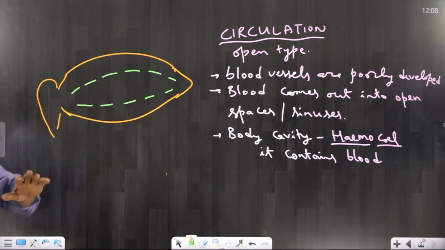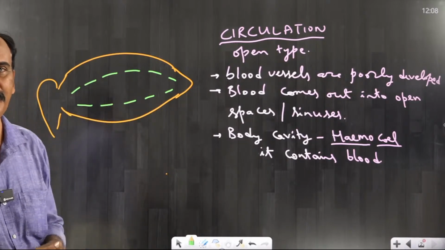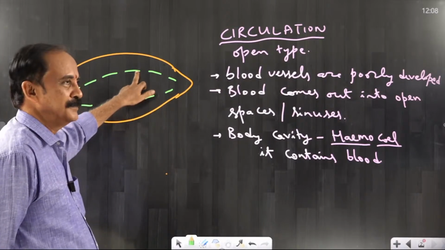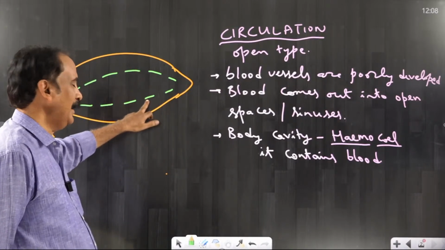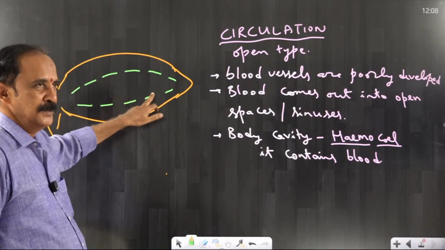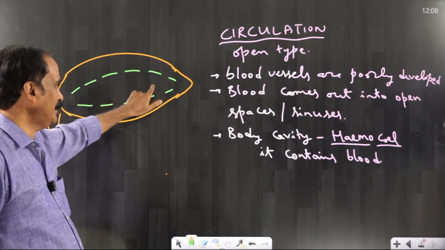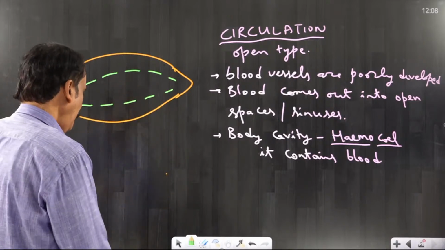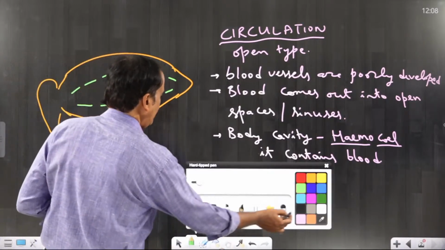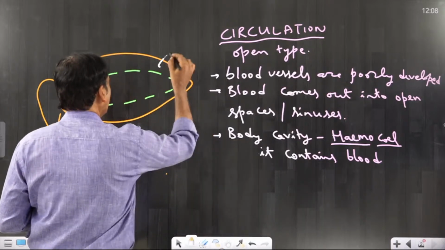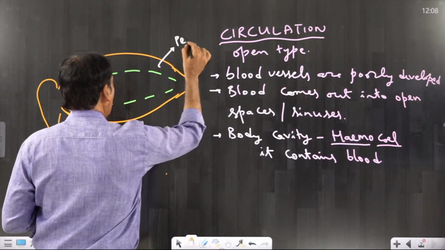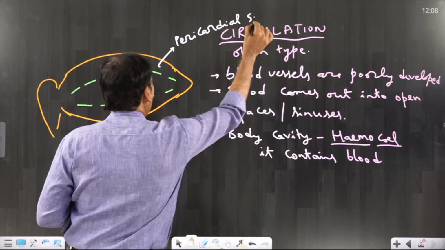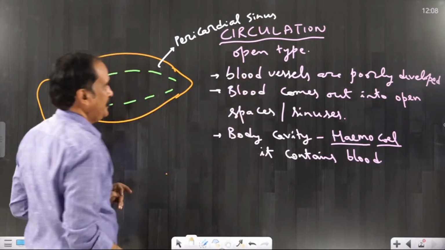They are called the diaphragms or septa. This is called the dorsal diaphragm, and this is called the ventral diaphragm or ventral septum, so that the body cavity is divided into 3 chambers or 3 sinuses. The upper one is called the pericardial sinus, or dorsal sinus, because it encloses the heart.